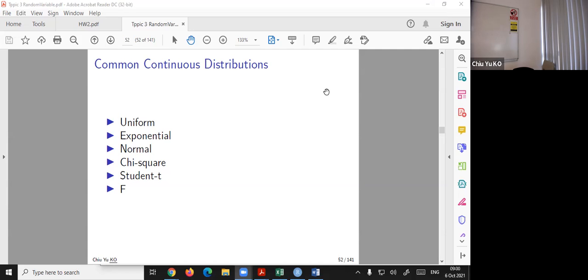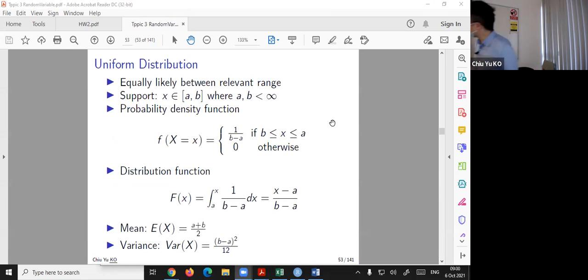But let's start with the uniform first. The uniform is exactly the same in terms of idea as when we considered the discrete version. You use the uniform when you don't know exactly how things are related.